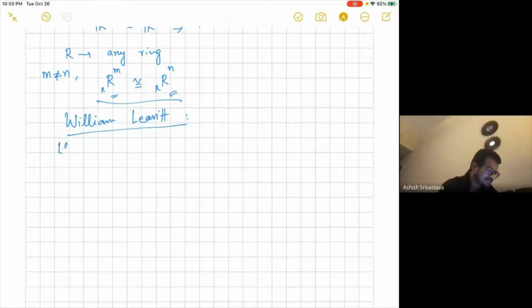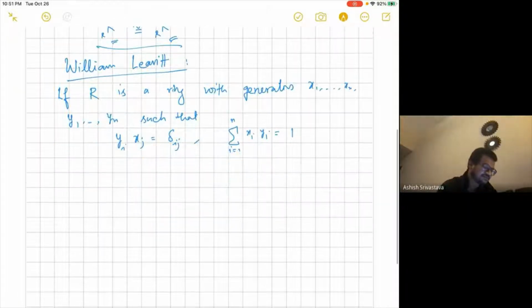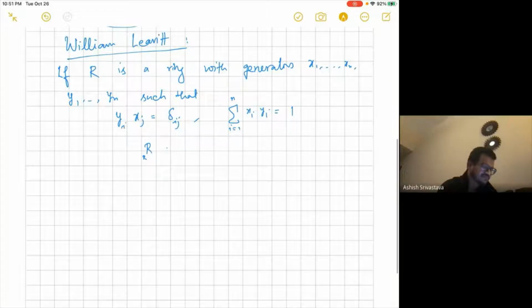If R is a ring with generators x1 through xn, y1 through yn, such that yi xj is delta ij, and summation over i from 1 to n, xi yi equals 1, then in that case, this free R module would be isomorphic to this one, right?